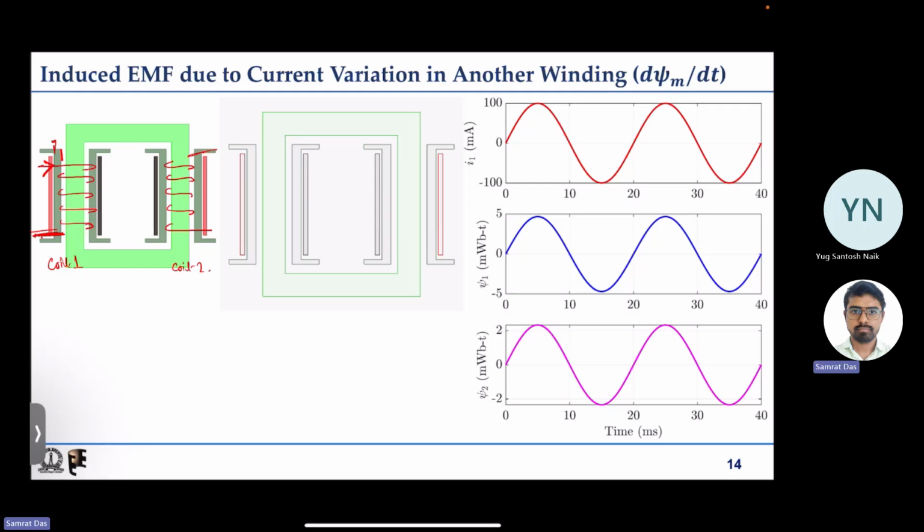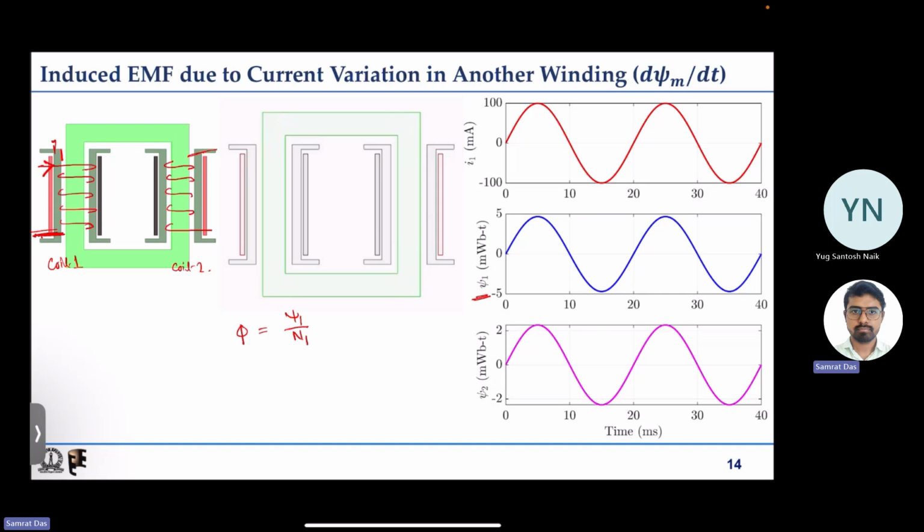Because of that, there will be some flux established in the core. So the flux linkage of the same coil will be the same as the earlier case, a sinusoidal quantity. Now if we want to get the actual flux, we have to divide psi 1 by the number of turns of the first coil.